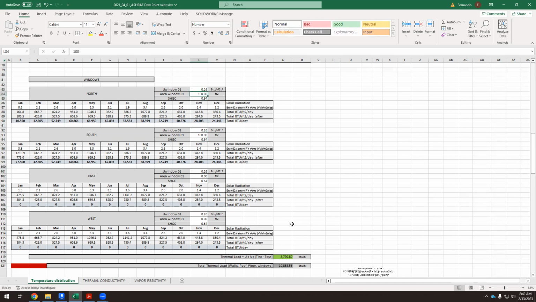And now I have a different area. So the area of the northern windows is 18. The area of the southern windows, it is 196 plus 18.